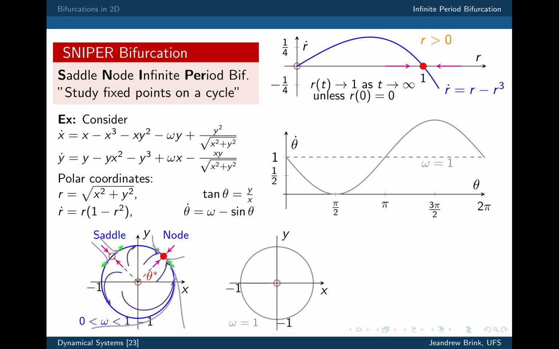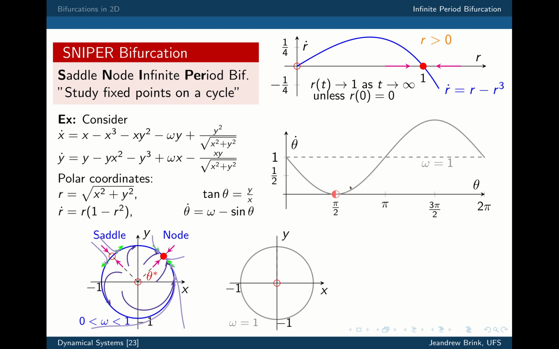And we can again translate this into motion in our XY phase plane. Once again, you have this invariant circle of r equals 1 that the radial coordinate is attracted to, but what happens with the angle is now determined by this plot.